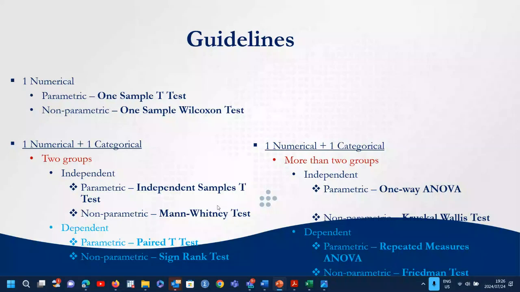So you can see the two groups in the example I gave, they are independent. The learners who were taught using a standard teaching method are different to those who were taught using the new method, different units. With dependent, it's still two groups, but the groups are dependent.